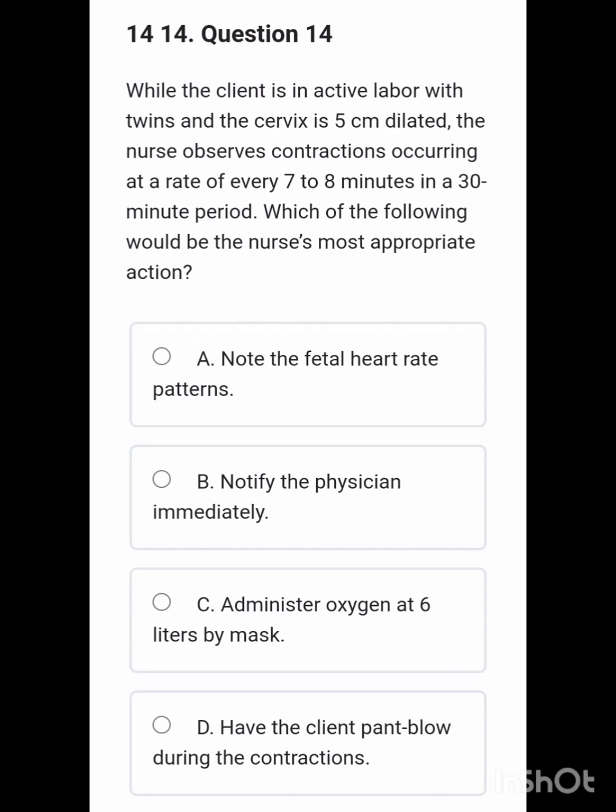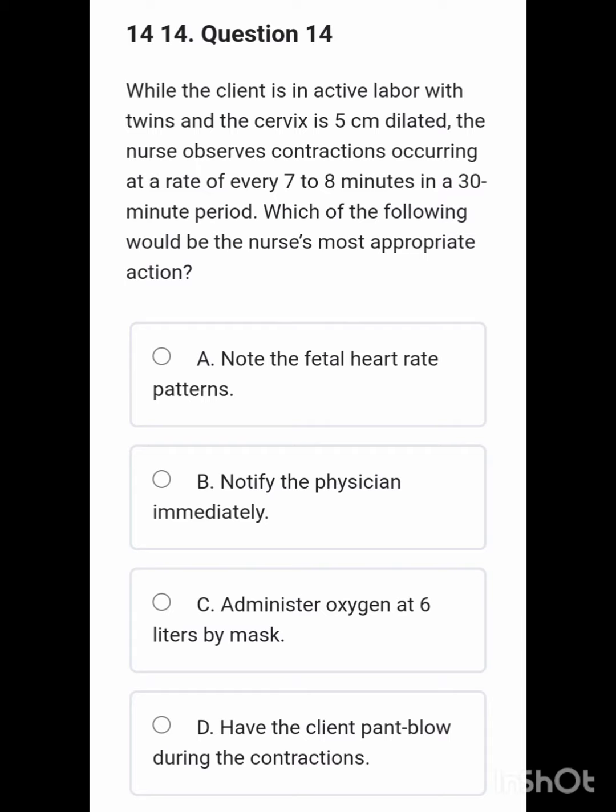The 14th question is, while the client is in active labor with twins and the cervix is 5 centimeters dilated, the nurse observes contractions occurring every 7 to 8 minutes in a 30 minute period. Which of the following would be the nurse's most appropriate action?